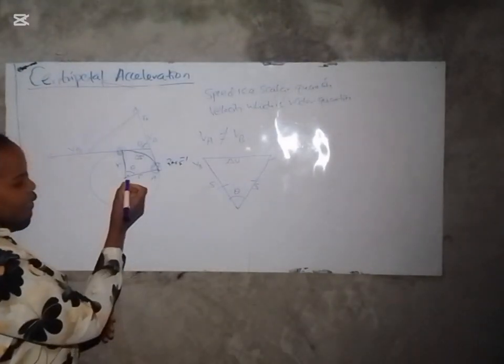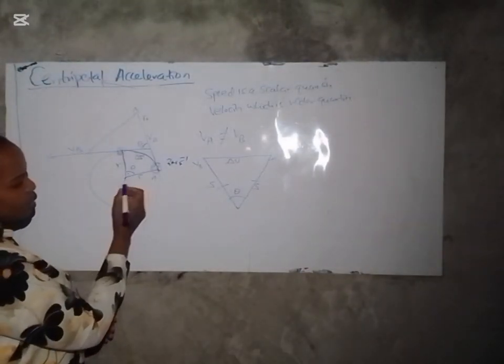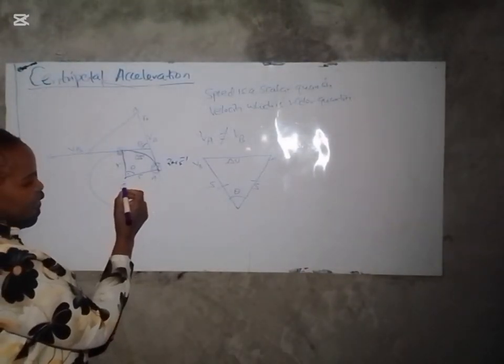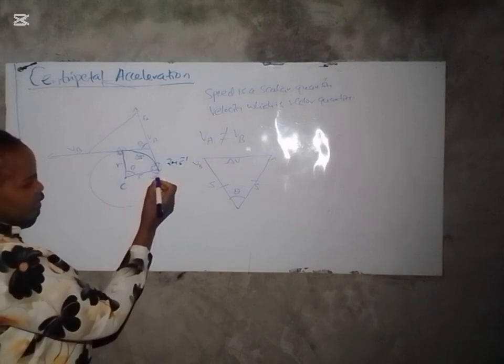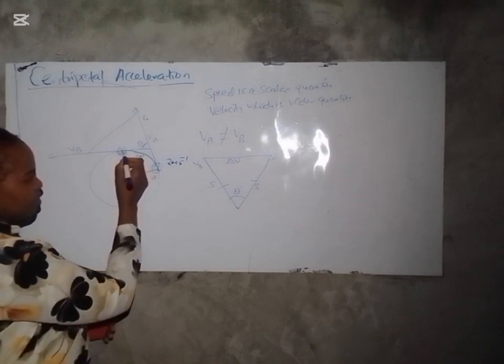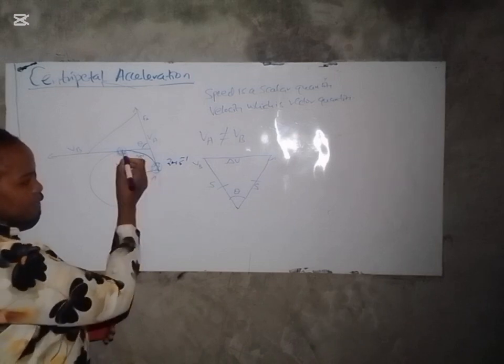Now, if we compare that triangle to this triangle here, if I call this point C, A, we call this point B, so CAB.